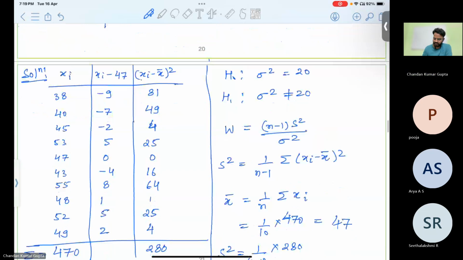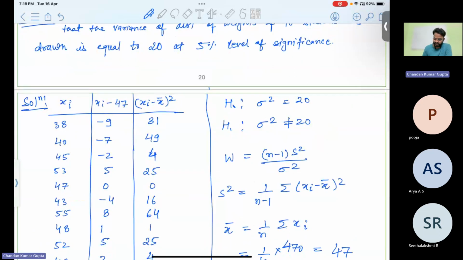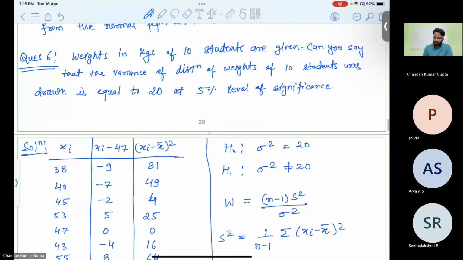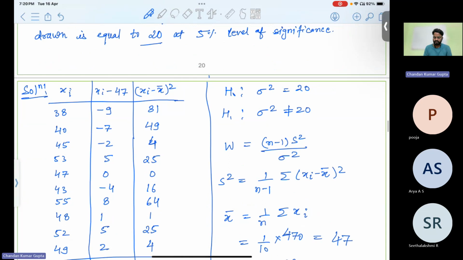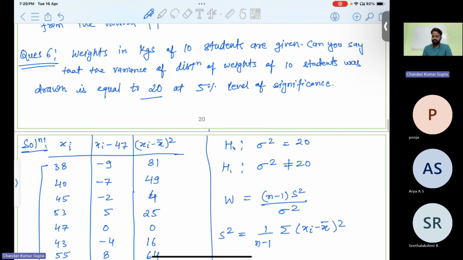That means the weights of these 10 students are taken from a distribution with variance 20. This data, these xi's, are taken from a distribution whose variance is nothing but 20.